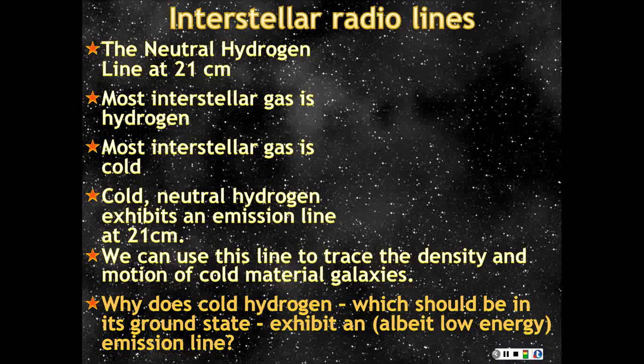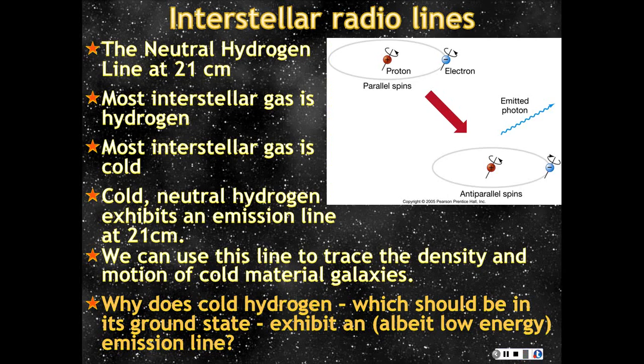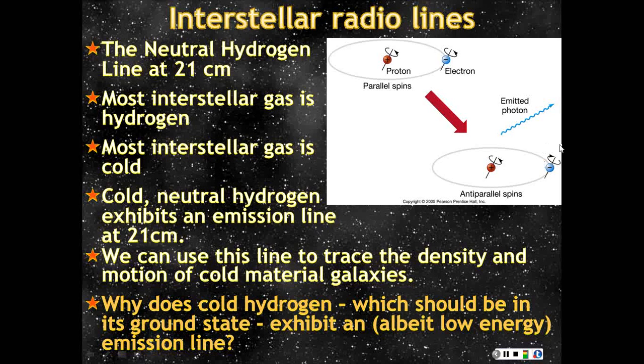Now, the question is, why does cold neutral hydrogen give off radio waves? It's actually to do with the structure of atoms and the fact that electrons and protons have spin. So here we have a proton spinning this way, and an electron spinning this way. It would be in a very slightly lower energy level if this electron flipped upside down. So now it's flipped upside down, so it's spinning the other way.